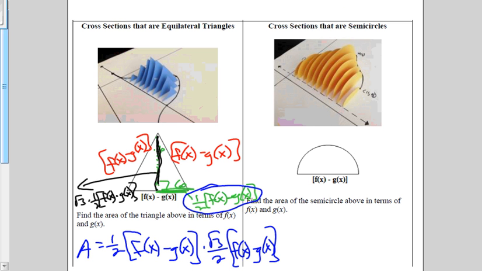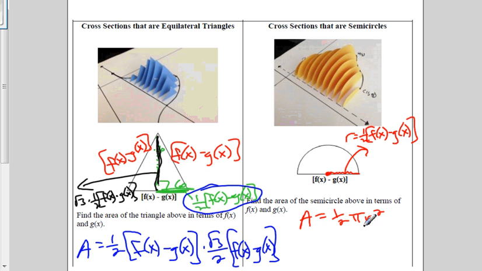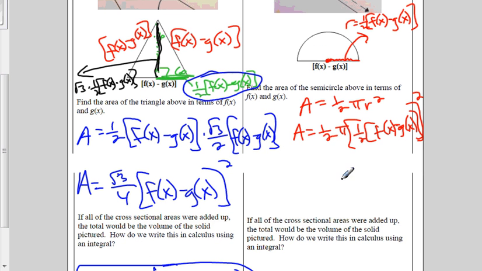So let me mark this up. And as we just said, it's 1/2 pi r squared, so 1/2 pi, and my radius is 1/2 of f of x minus g of x, and all of that squared. So 1/2 squared is 1/4, times 1/2 is 1/8.